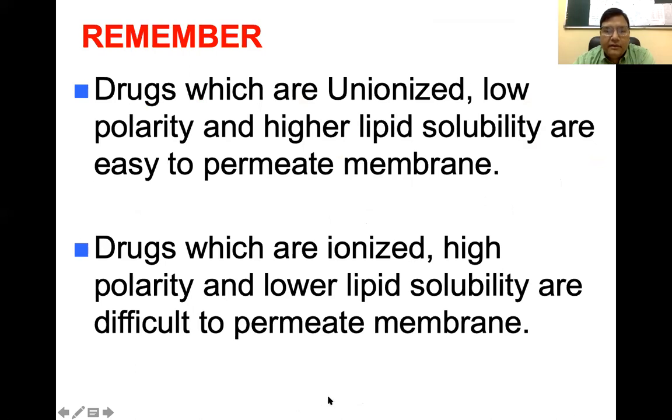While drugs which are ionized, having high polarity and lower lipid solubility, are difficult to permeate across the biological membrane.